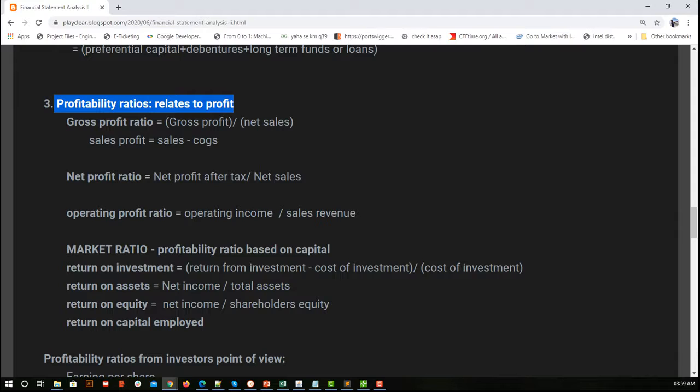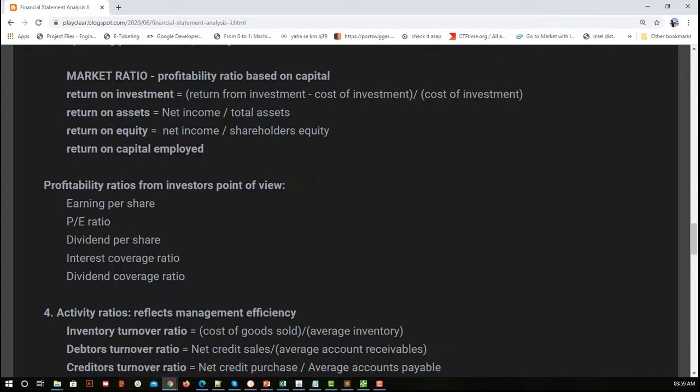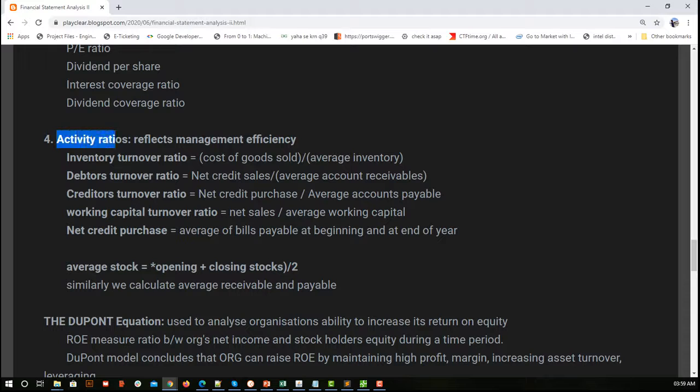Based on this, an investor can choose, okay, this is going into the correct domain, so it is getting more profit, or based on the assets, capabilities, skill set and efficiency an organization has, with the help of which they are generating profit. So we consider different factors to come up with how much profit an organization is able to generate. The final category is activity ratio, which reflects management efficiency. Now we are going to see each ratio in detail.